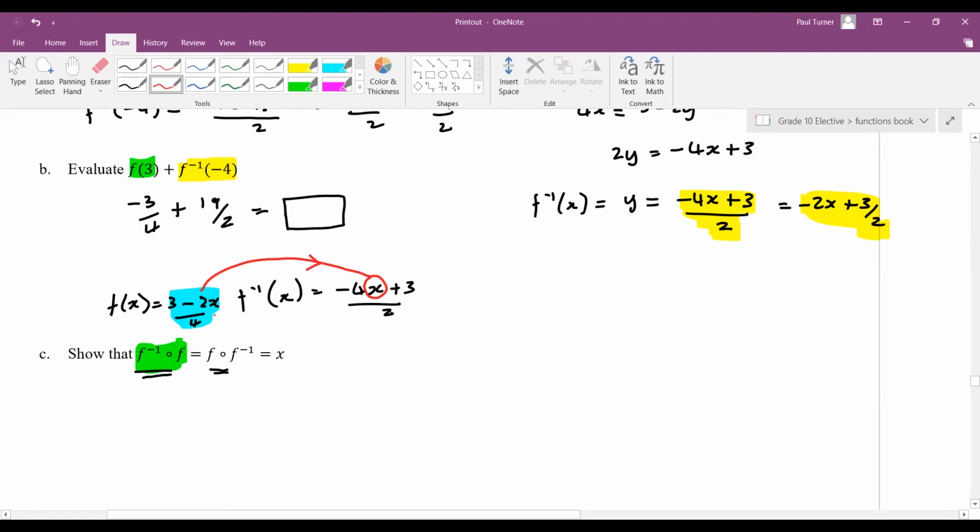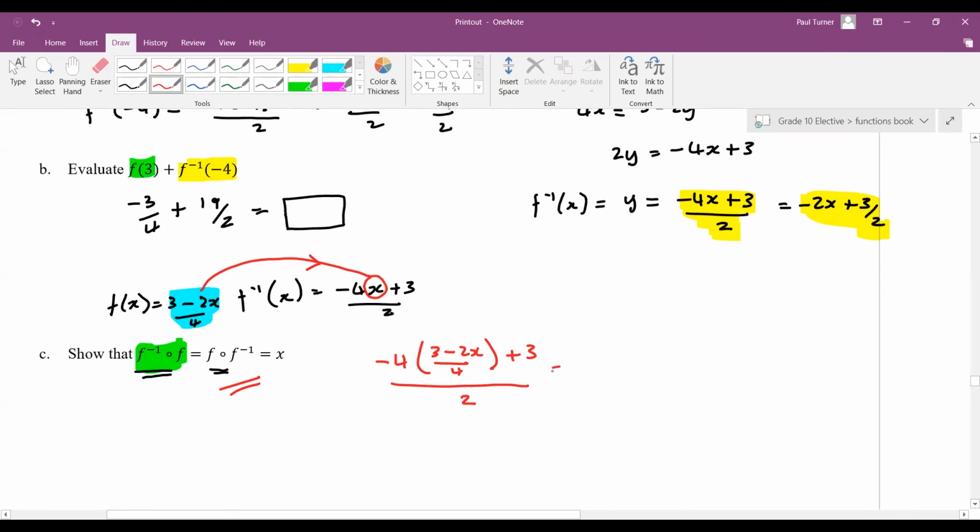Just take all of that blue bit and put it in there for x. You can check this one yourself later. So you're going to get minus 4, 3 minus 2x on 4, plus 3 all on 2.